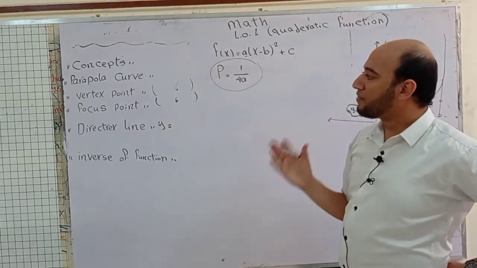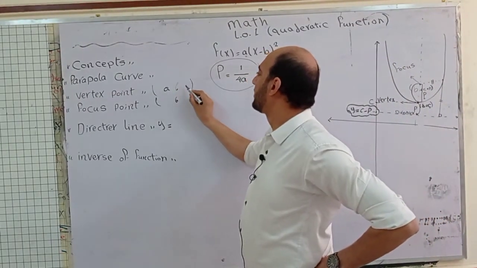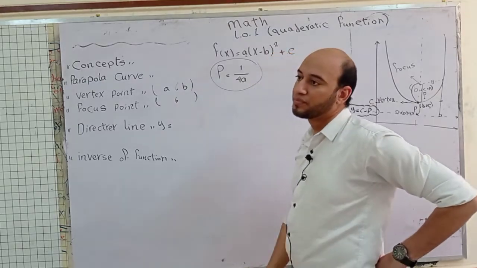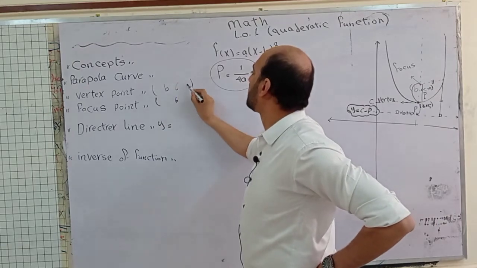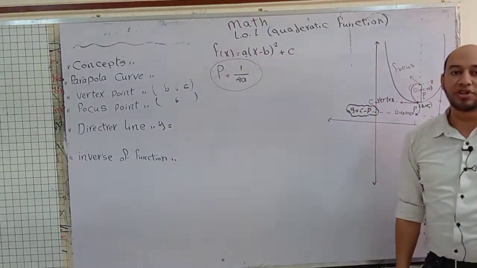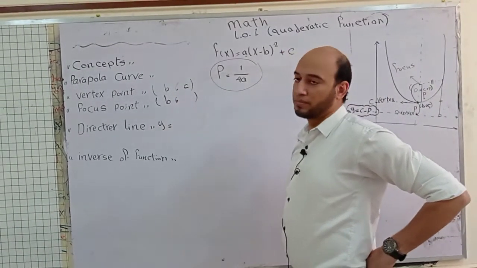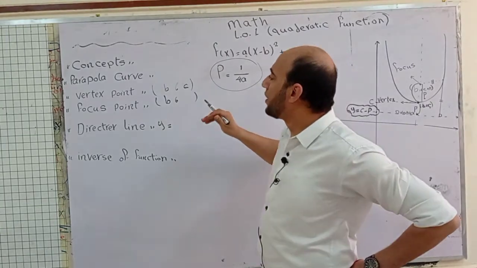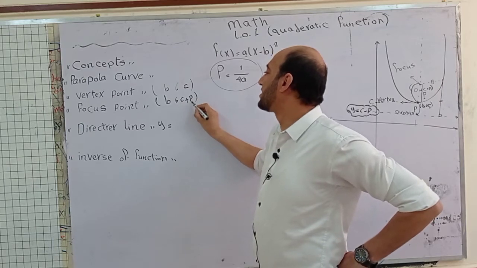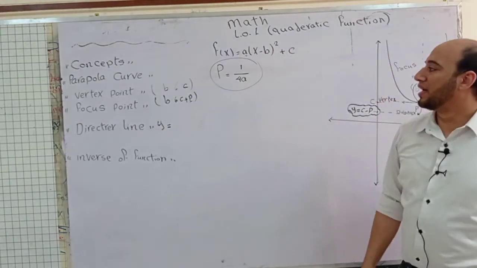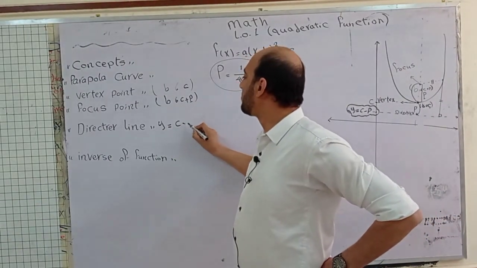Y equal, if we suppose that the vertex point is B and C, as we wrote in this equation, the focus will have the same x coordinate and will be here C plus the distance B, and this directrix line will be y equal C minus B.